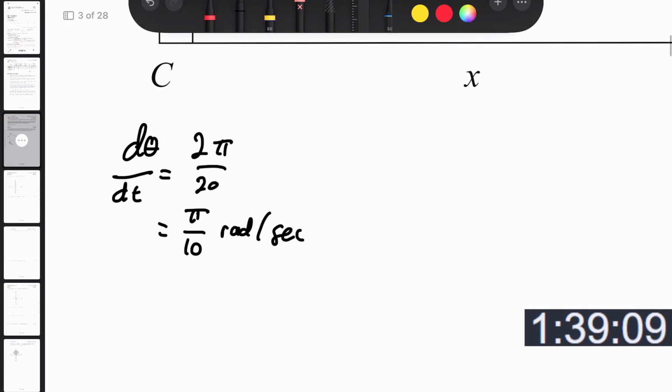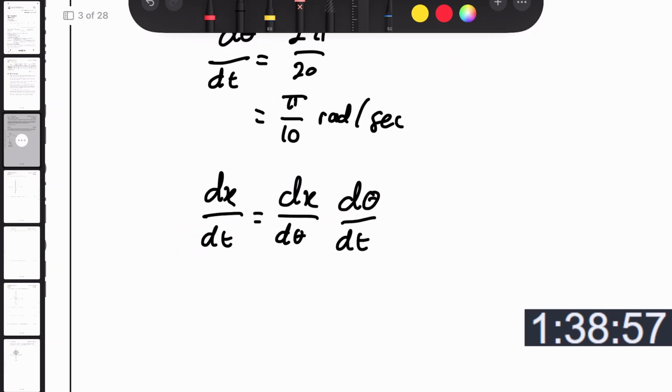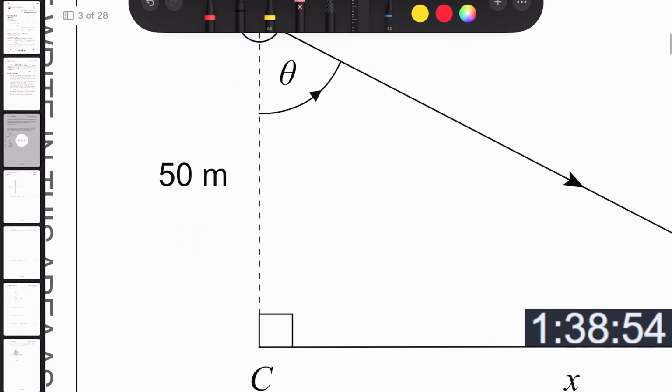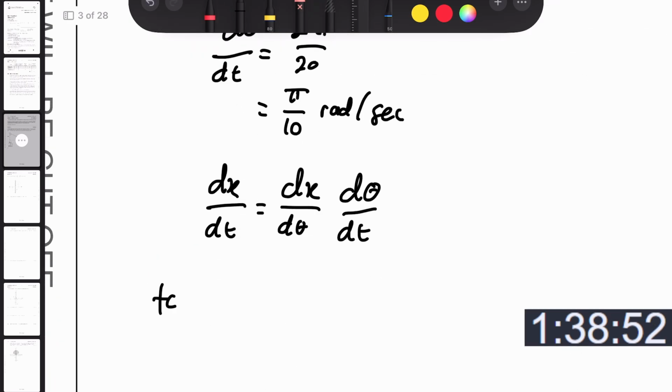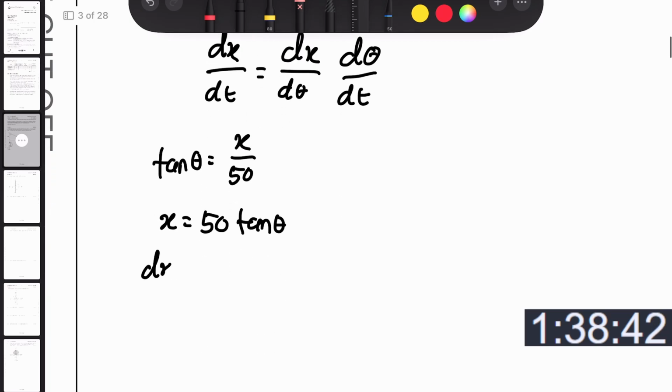Determine the speed, so you want dx dt. So this would be dx d theta, and then d theta dt. Now x is going to equal, so let's see, tan of theta is going to equal x on 50. So then x is going to equal 50 tan of theta. And we have that dx d theta is going to equal 50 secant squared of theta.